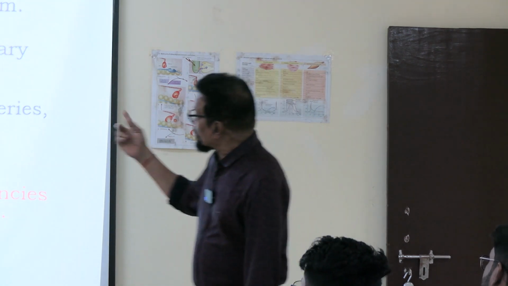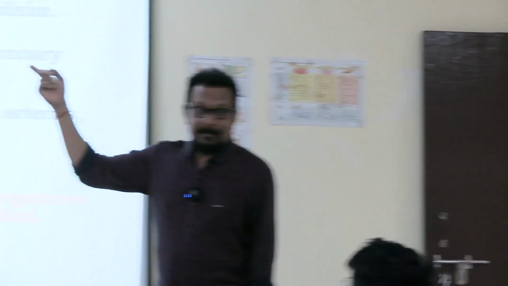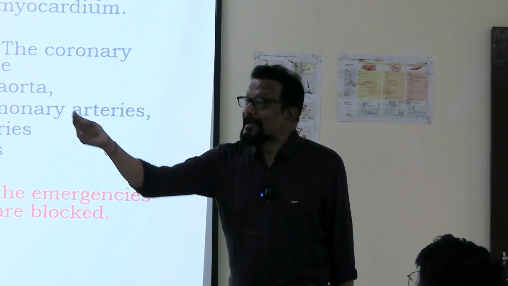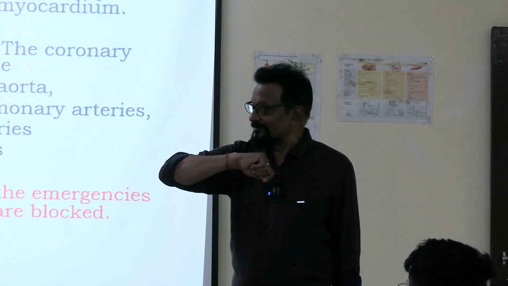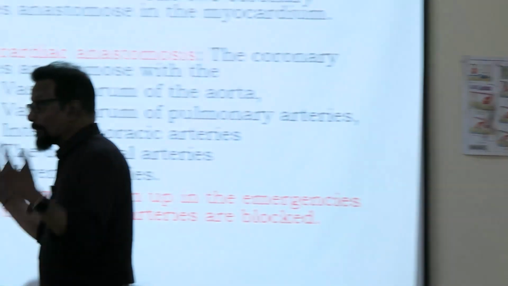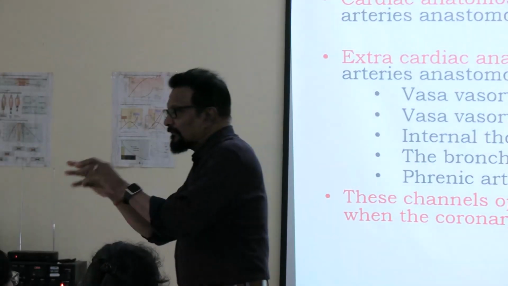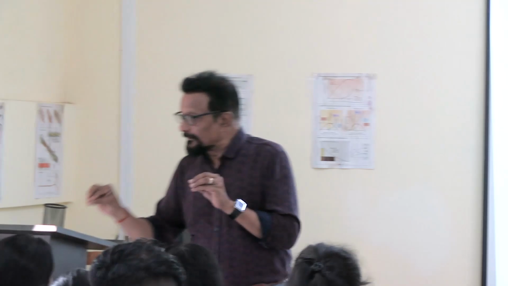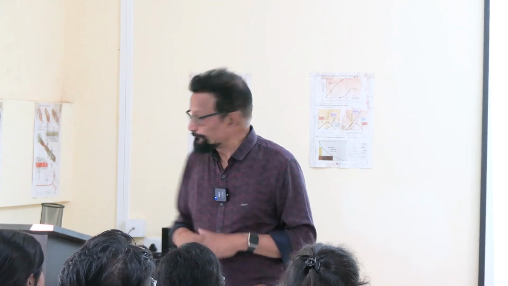From those arteries, the coronary arteries can get collaterals. But these are not sufficient. They will be contributing during the time of emergency, but their contribution is not enough, so that the affected area gets recovered within a period of time.